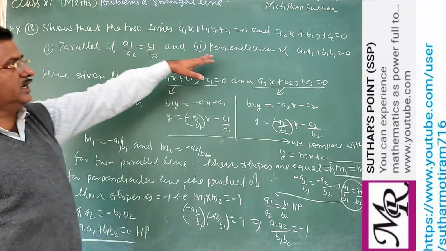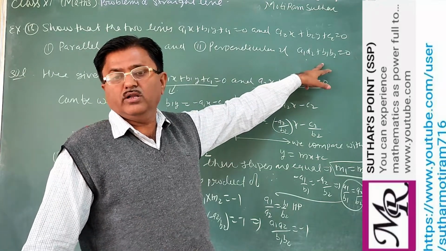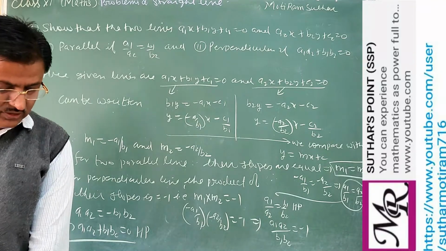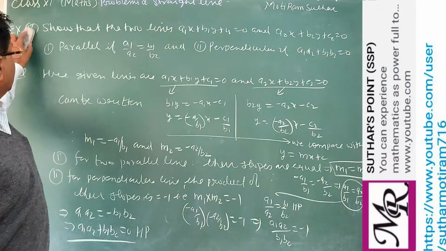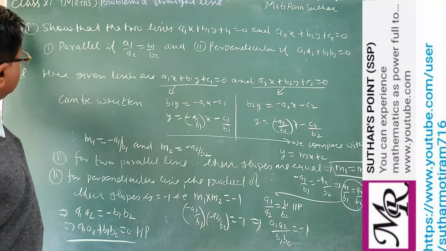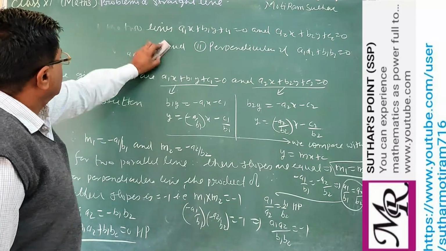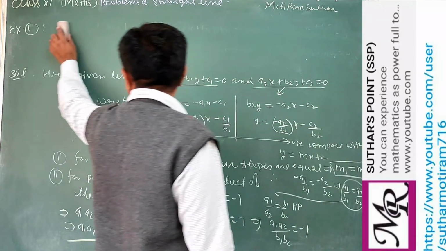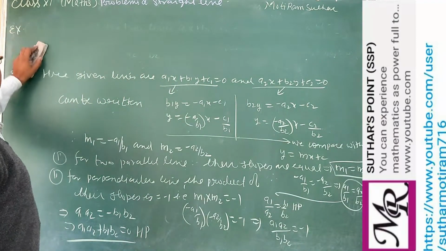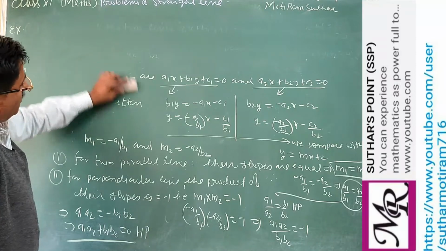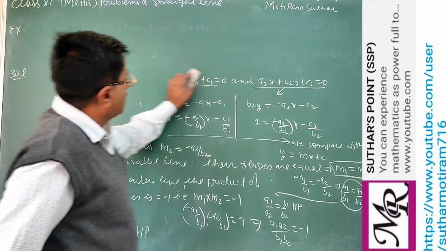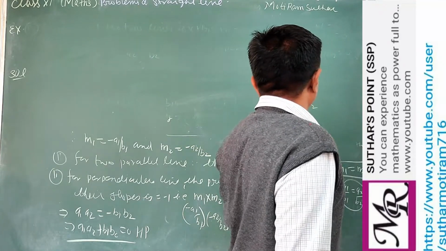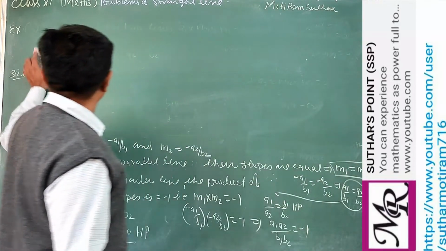So this is the second condition we wanted to prove: a1a2 + b1b2 = 0. Dear students, in this way one can easily prove the condition, and this is also a very important condition for finding solutions when we are given that lines are perpendicular to each other or parallel. In that case we have to use it.